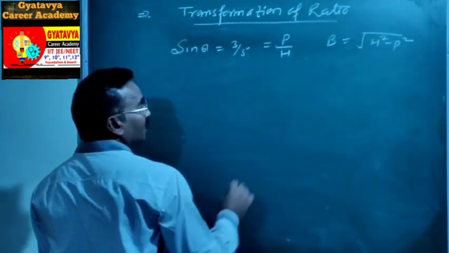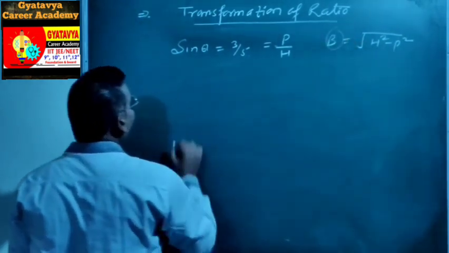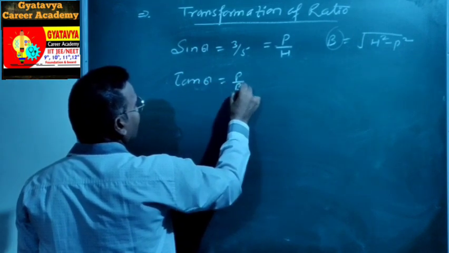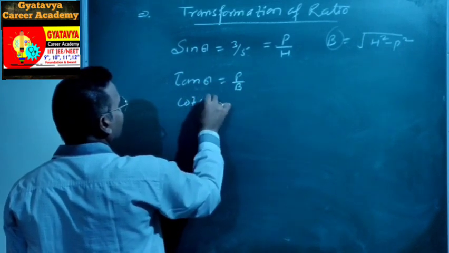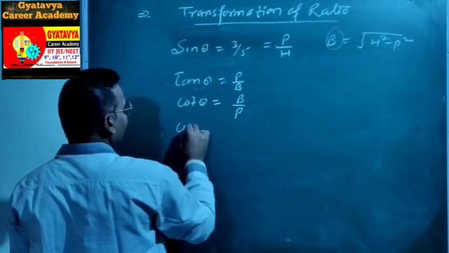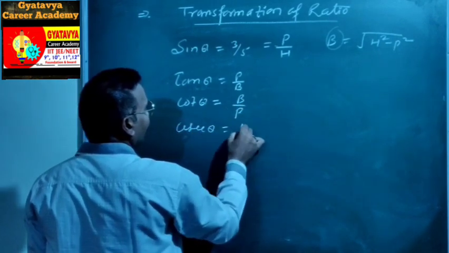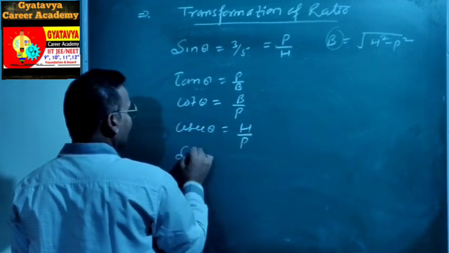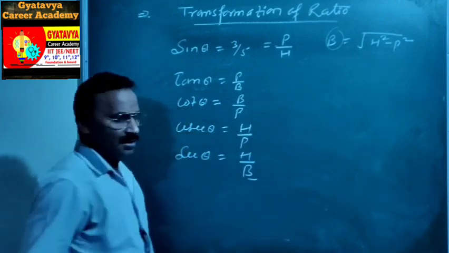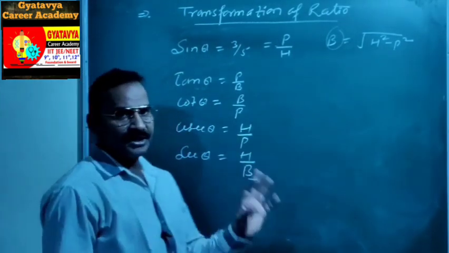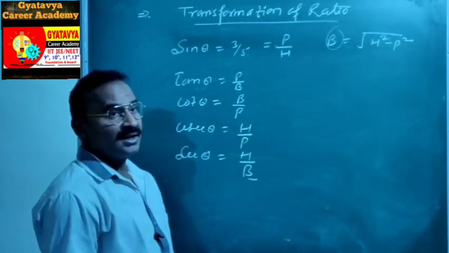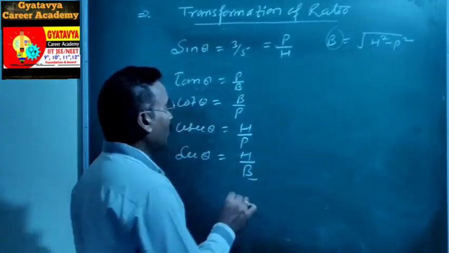After finding the base, you can find tan theta, p upon b, or cot theta, b upon p, or cosec theta, h upon p, sec theta, h upon b. You can find any ratios. The same process will be adopted in inverse trigonometric functions. How?